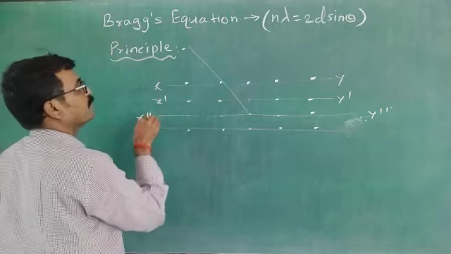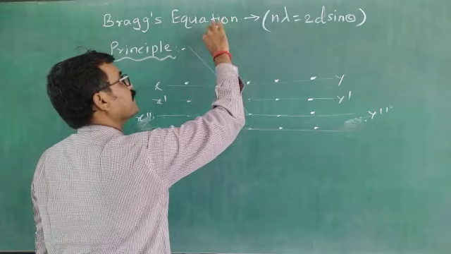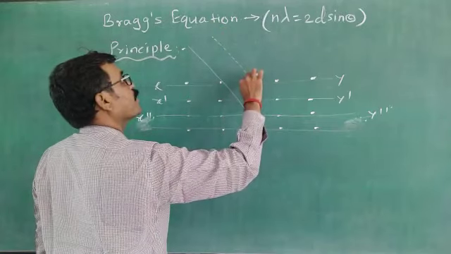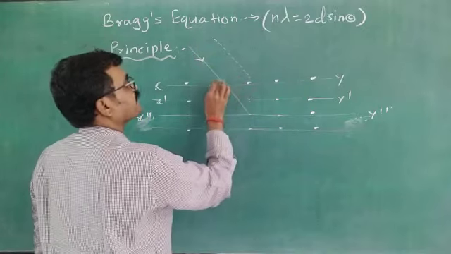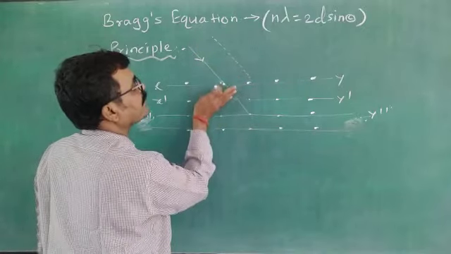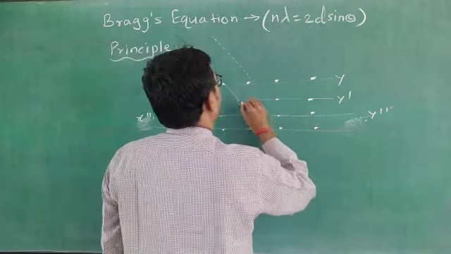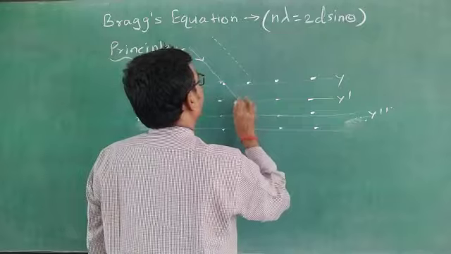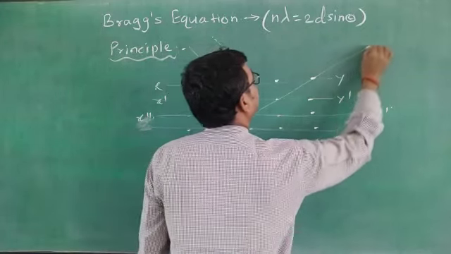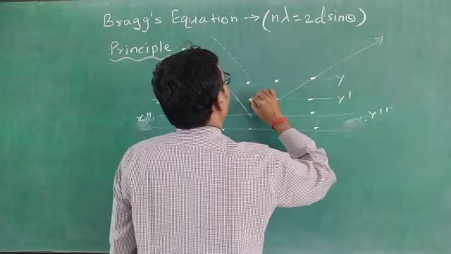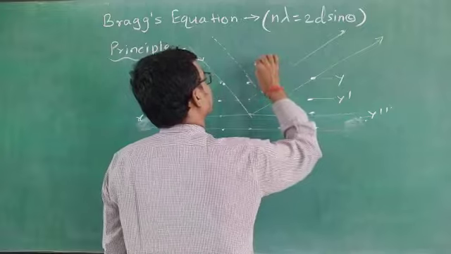Now this is another incident X-ray. This incident X-ray passes through the first plane and goes down to here, then is reflected along this axis. Now these are the reflected X-rays, these are the incident X-rays.